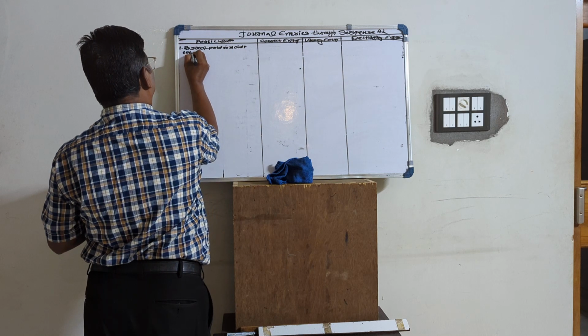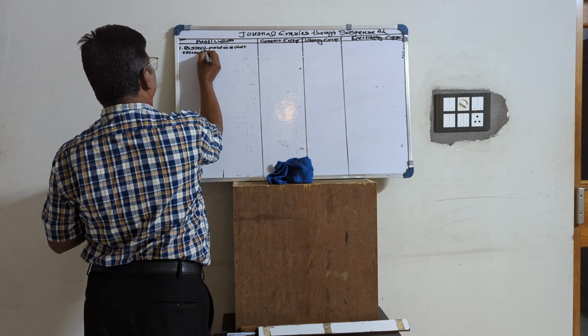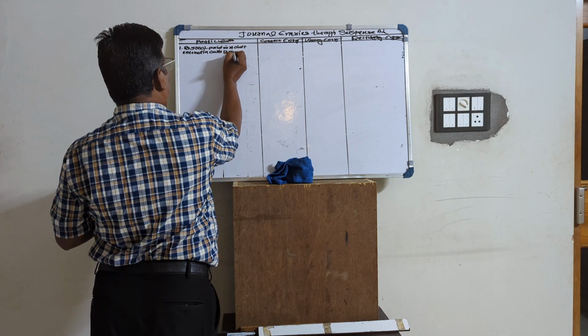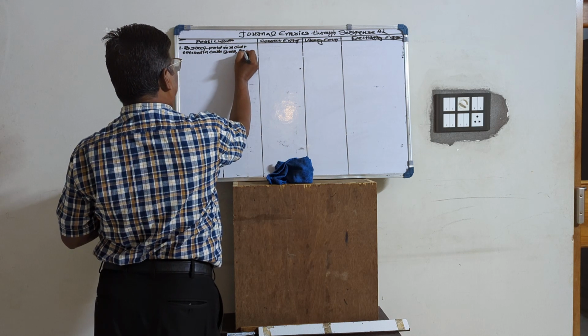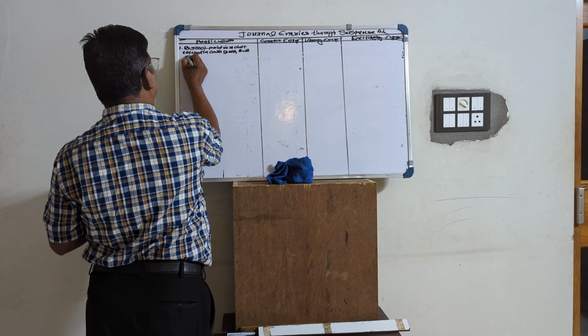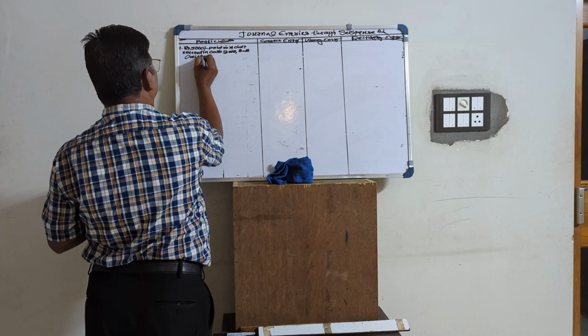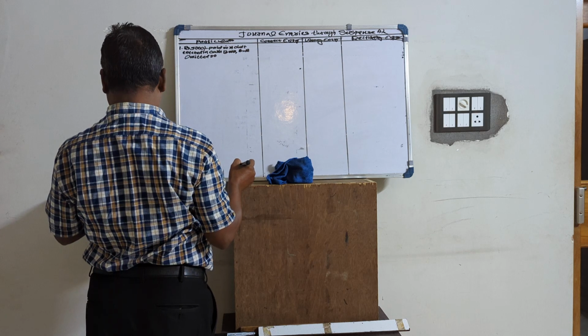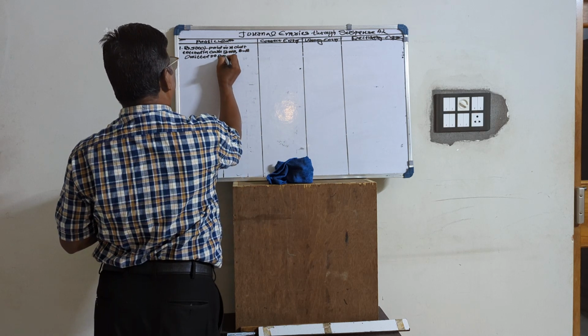Entered in cash book, but omitted to post in ledger, means Mohit account. But omitted to pass in ledger.